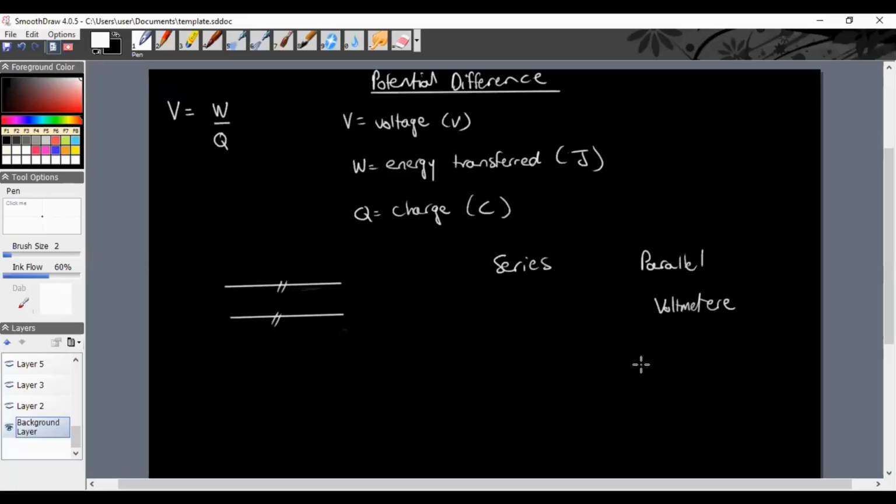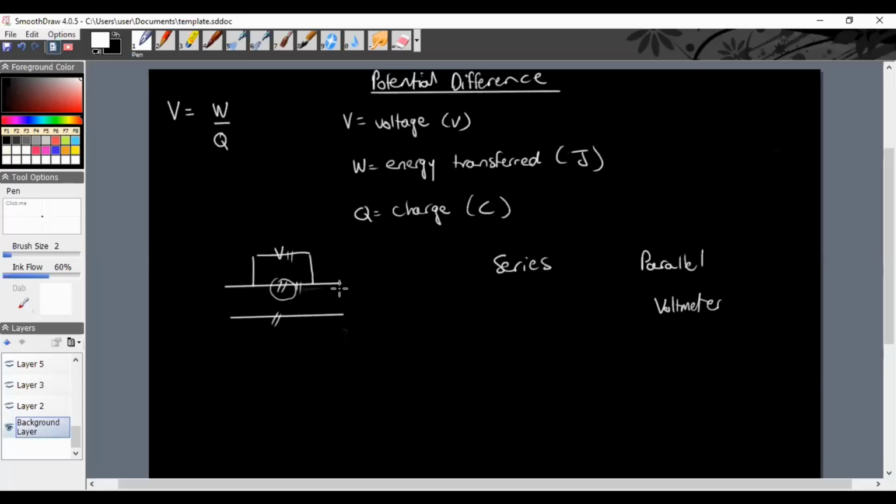Your voltmeter will be connected in parallel because if it is connected in series, it will read nothing. If this is my object, the voltmeter would have been over here somewhere, parallel to this.